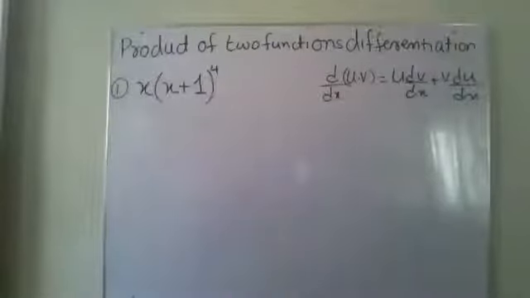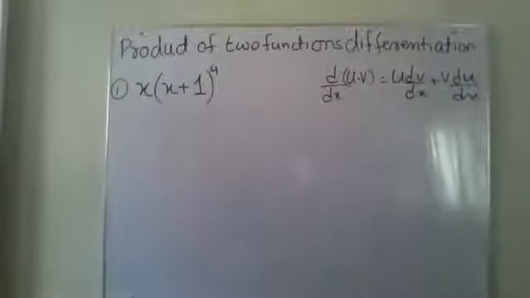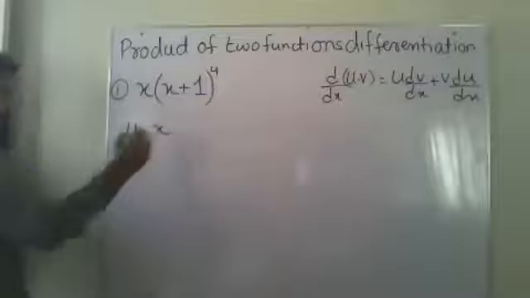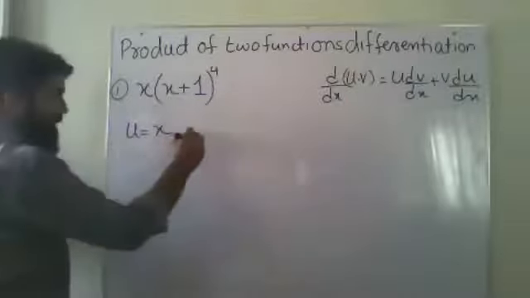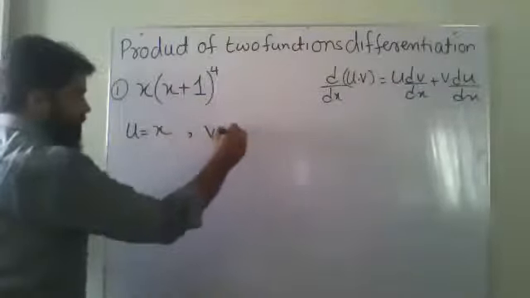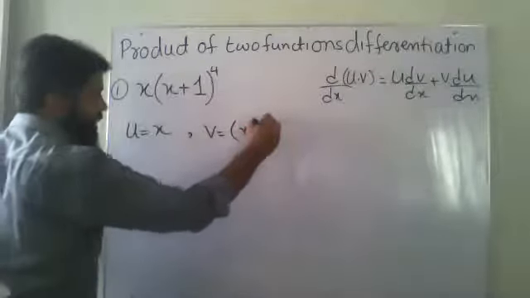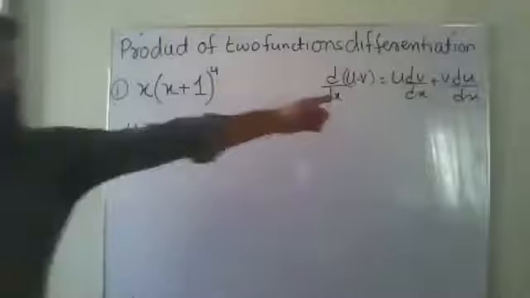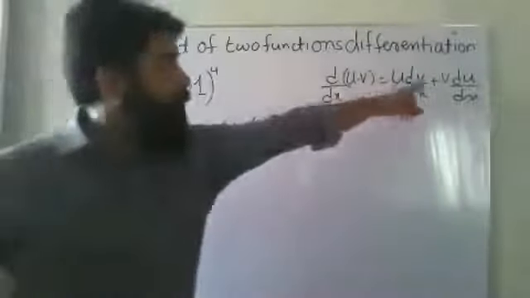Now, how am I going to solve it? First of all, I've seen that there are two functions which are getting multiplied. So I have taken the first one as u and the second one as v. According to the formula, I need u, I need v.